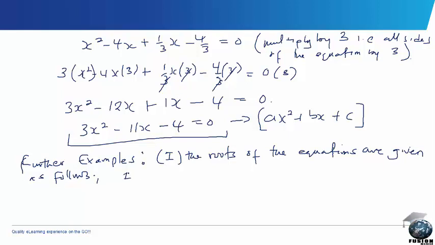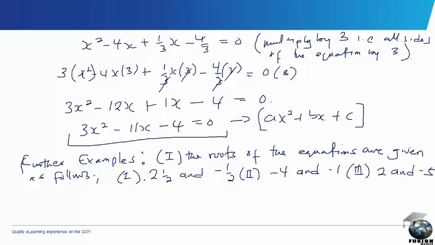Number 1, you have 2 and 1 over 2 and minus 1 over 2. Number 2, we have minus 4 and minus 1, and number 3 we have 2 and minus 5. So you have to determine the quadratic equations.